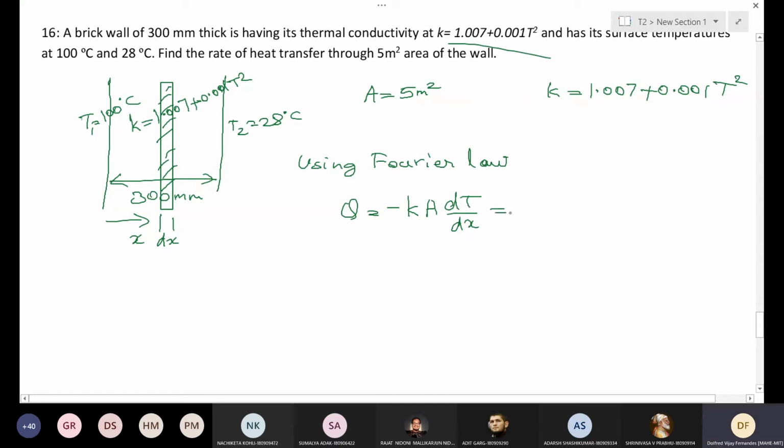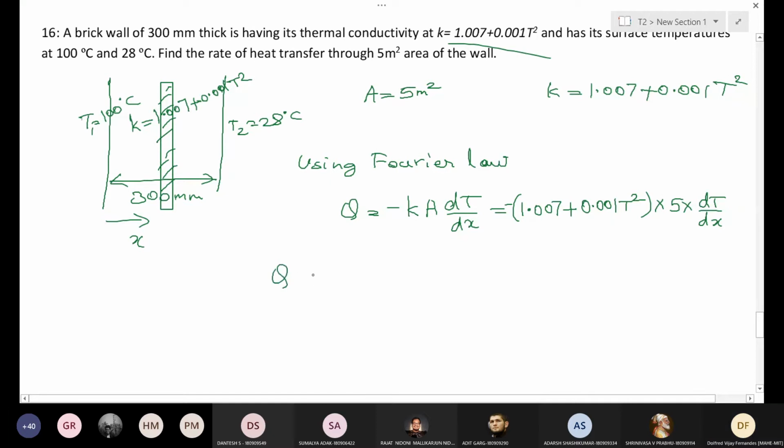Substitute for K: minus (1.007 plus 0.001 T squared) into area 5 into dT by dx. Integrate from the left side to the right side.